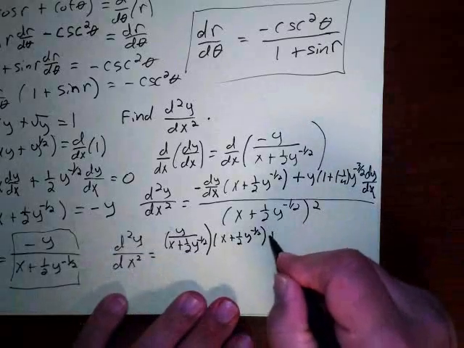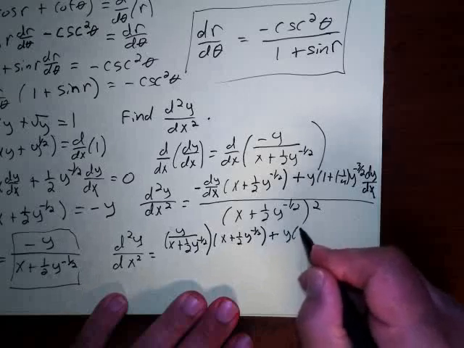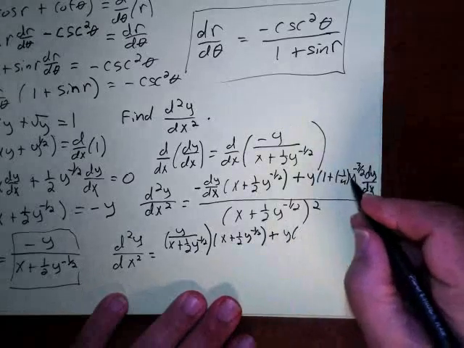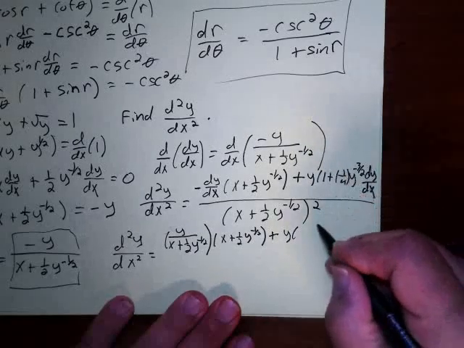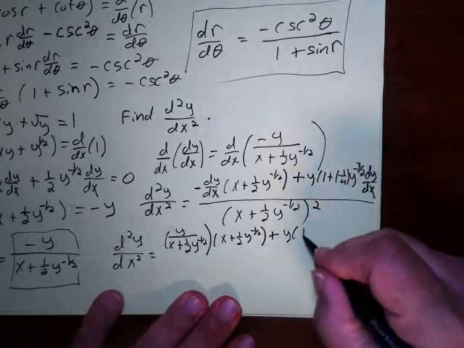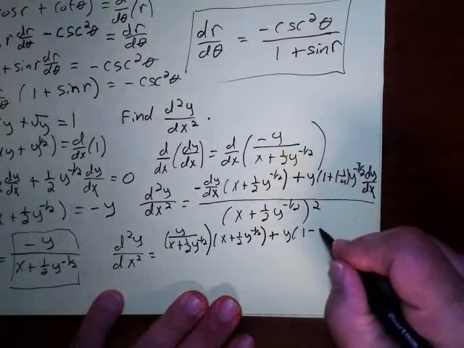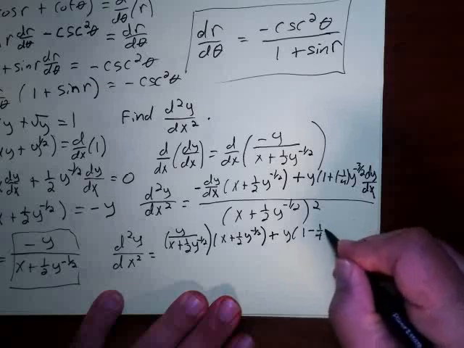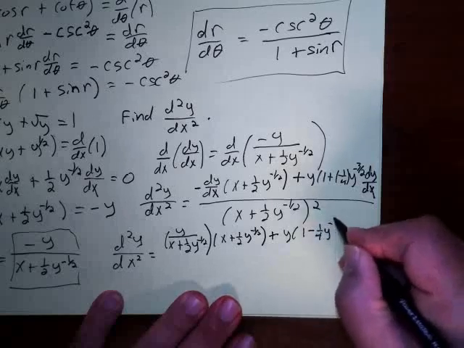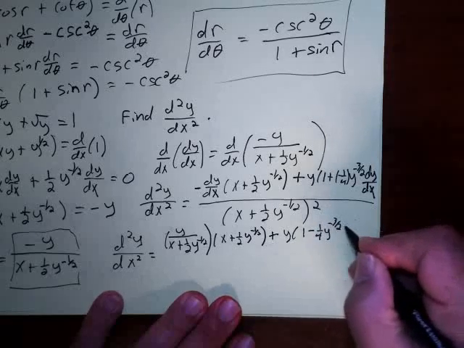So this will be plus y, and then that was a negative 1/4, I think. So this is 1 minus 1/4 y to the negative 3/2.